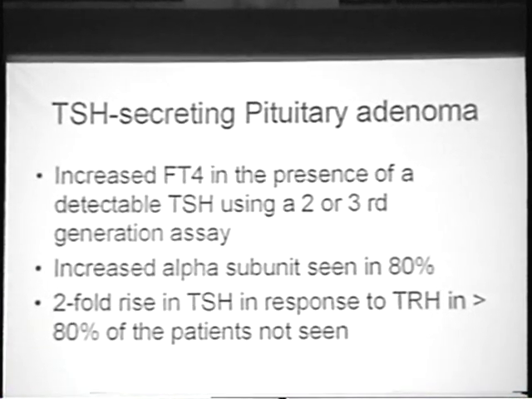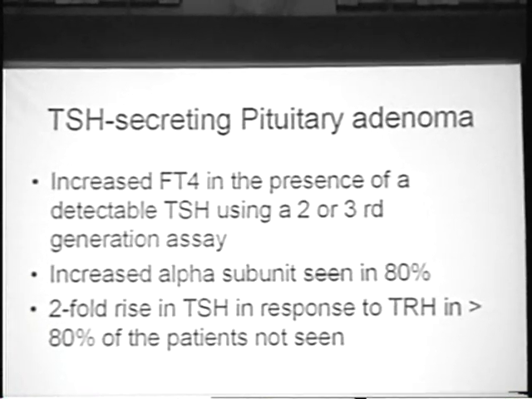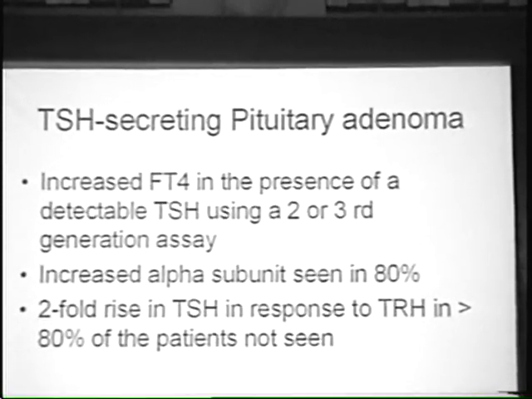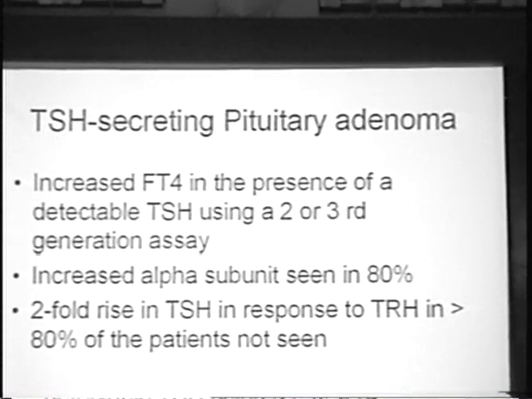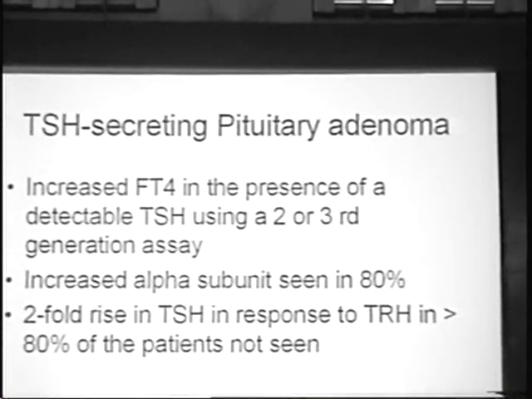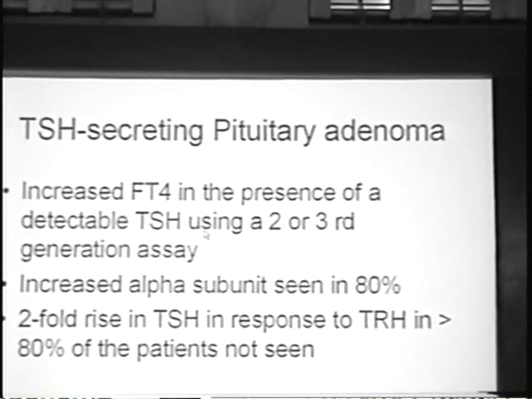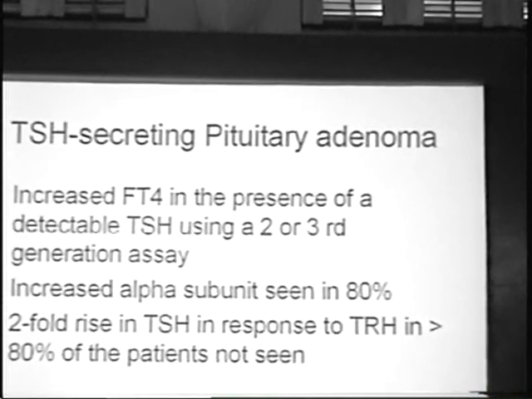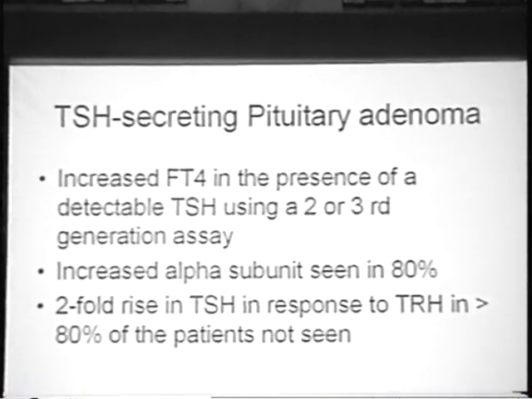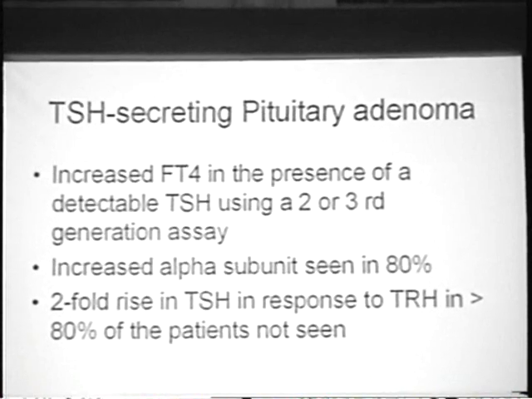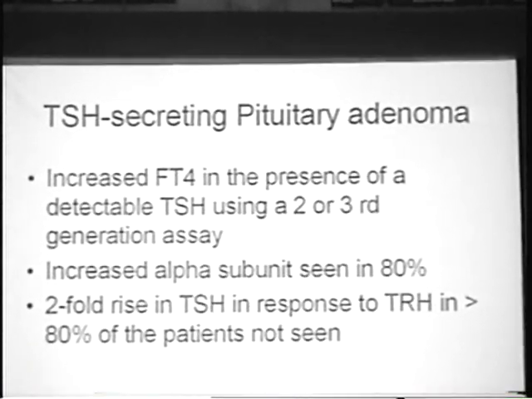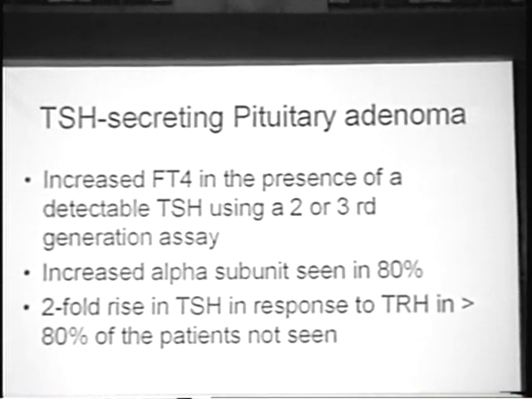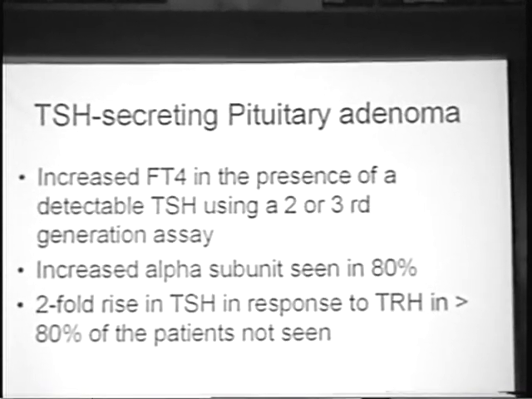If you have a TSH-secreting pituitary adenoma, how does it differ from primary hyperthyroidism? Well, you see the increased free T4, but your TSH is not suppressed. In primary hyperthyroidism, where the thyroid gland, for some unknown reason, is producing excess thyroid hormones, the thyroid hormones feed back, short loop, long loop, to the hypothalamus and pituitary gland, and your TSH would be lower than normal.